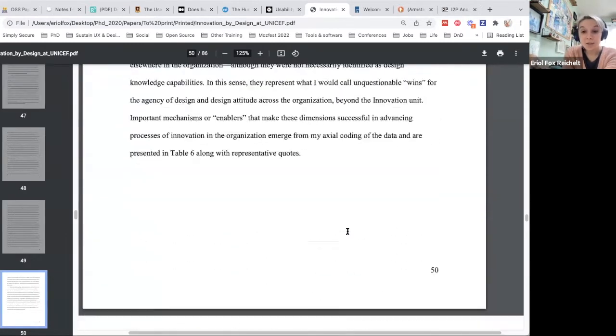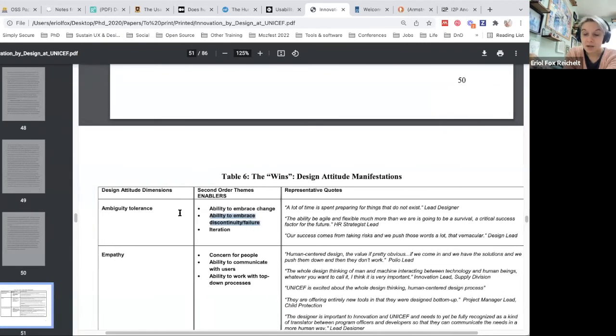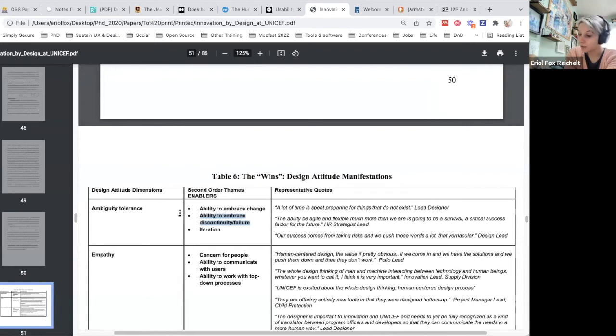Within this paper, there's a lot of really interesting data collected in these tables. Of all the things that I've highlighted, the one that I paid attention to was the ability to embrace discontinuity and failure, which open source often does.